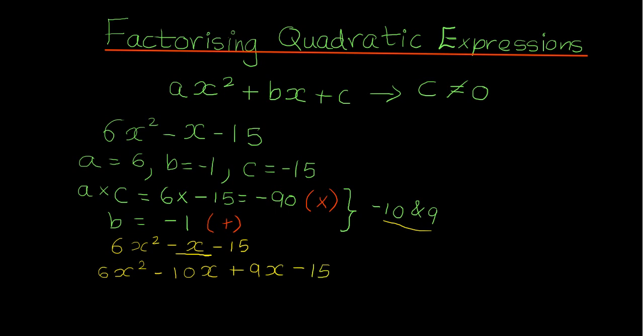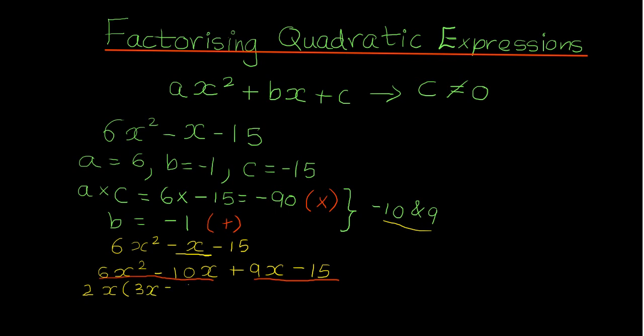Now what I'm going to do is underline this bit, and underline this bit, and factorize them like they were two separate expressions. So here the highest common factor of 6 and minus 10 is 2, and the letter is x, so I'll have 2x in brackets 3x minus 5.